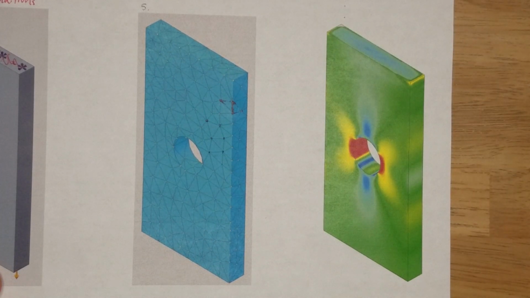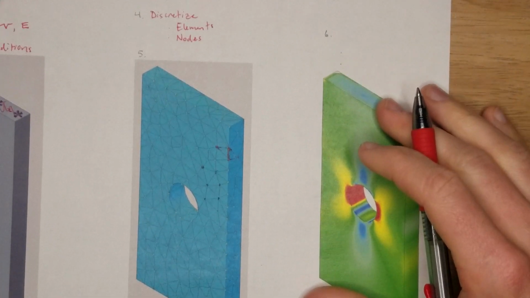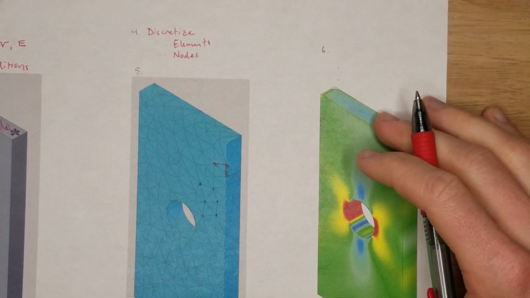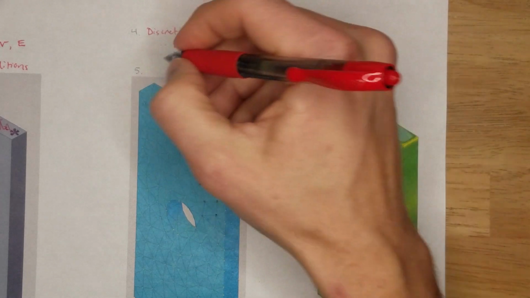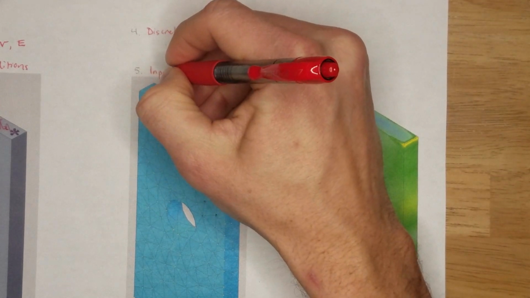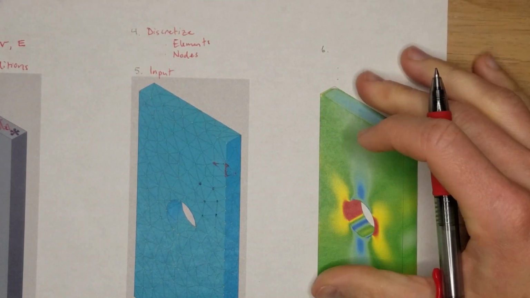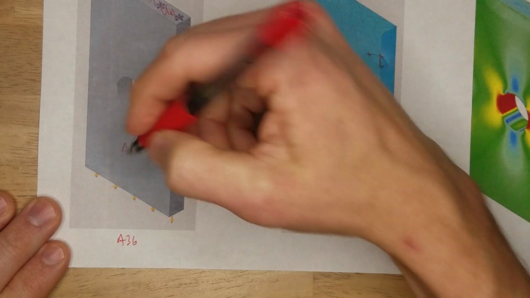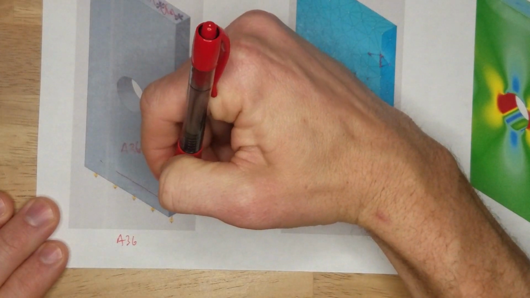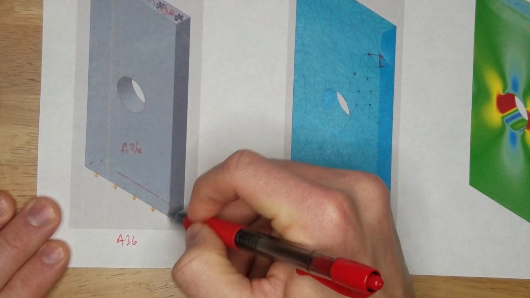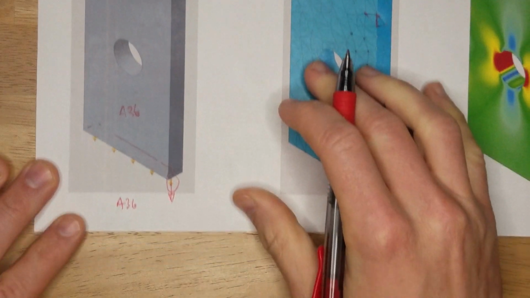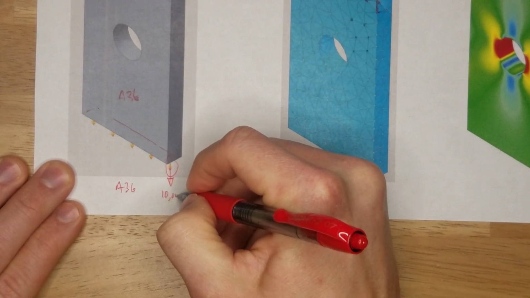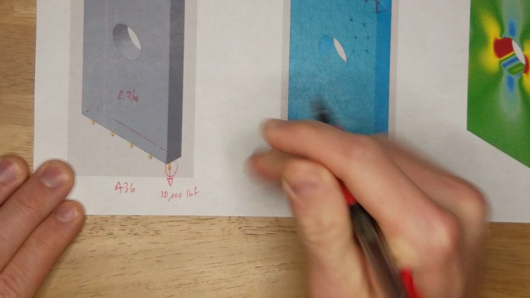All right, now the last thing I'm going to do before I can maybe press go on some software runs is I need to assign an input. And again, you can get all over the place here. You can have thermal inputs, vibrational inputs, but for structural input, I'm going to apply a load. I'm going to grab this face here on the bottom side, and I'm going to say I want a 10,000 pound force load straight down.